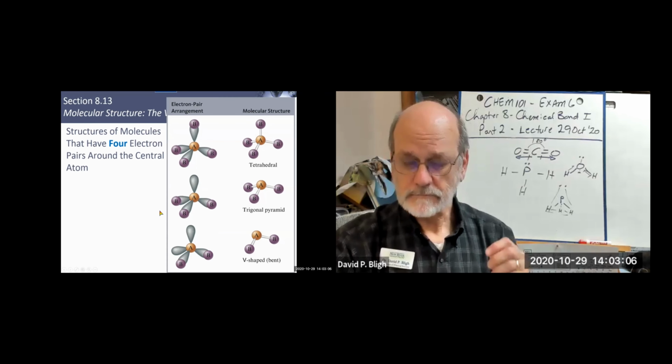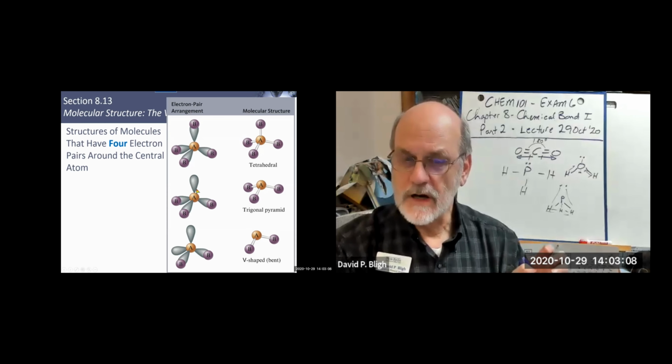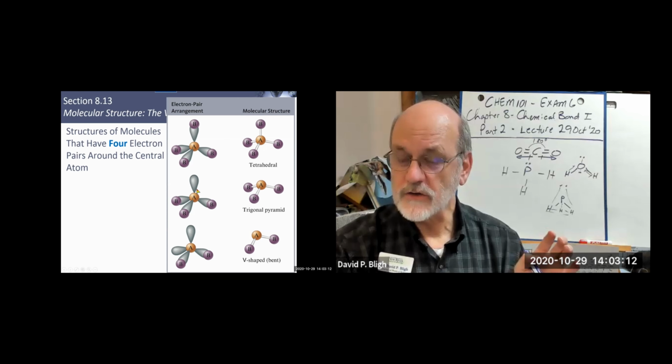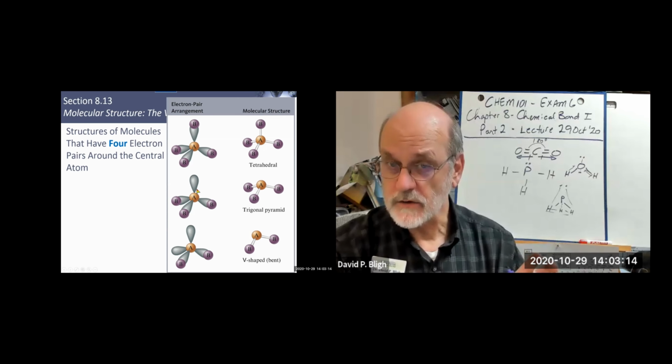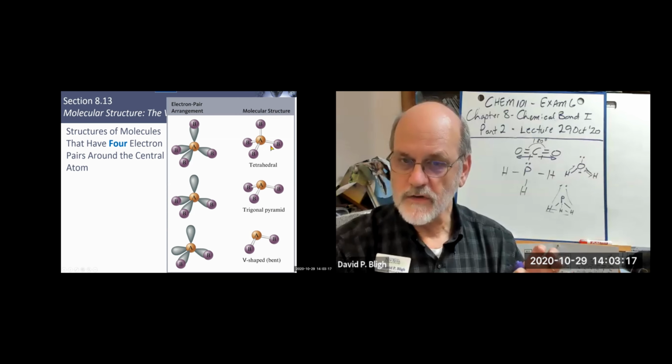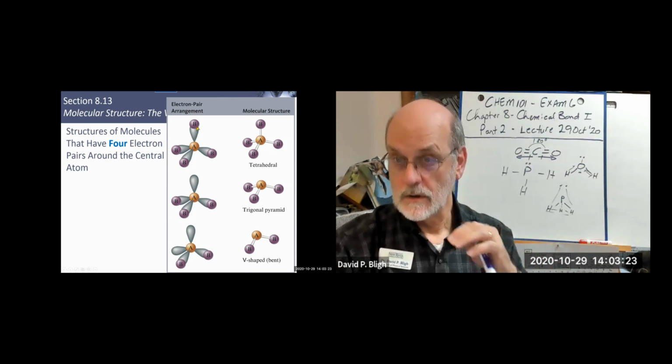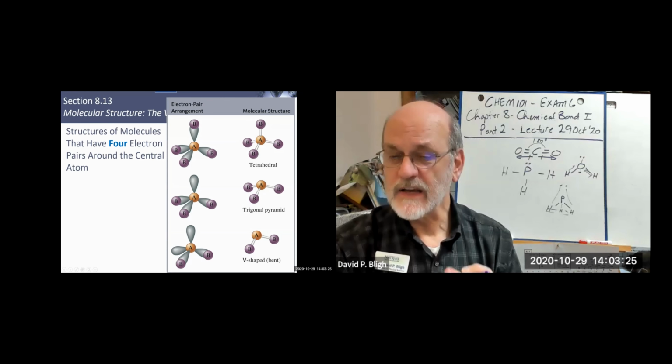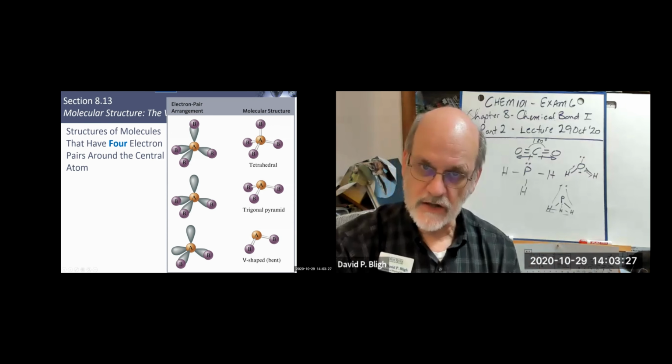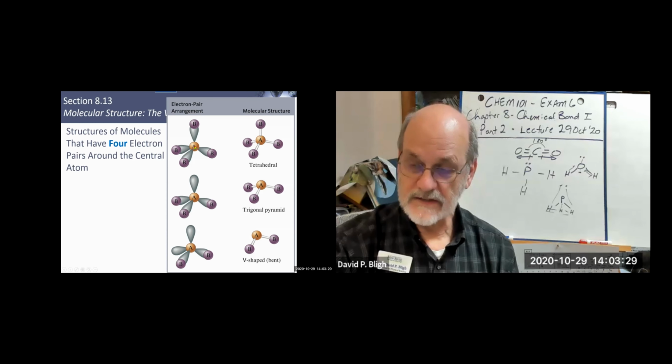Now, if we have 4 electron groups forming the tetrahedron, and each one of those groups is attached to an atom, then the molecular structure is the same as the electronic structure, a tetrahedron.